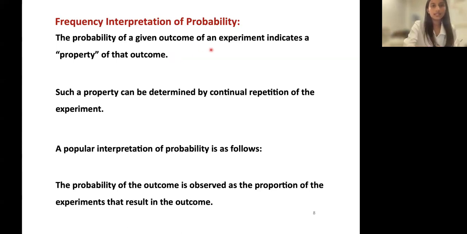Such a property can be determined by continual repetition of the experiment. A popular interpretation of probability is as follows: the probability of the outcome is observed as the proportion of the experiments that result in the outcome.